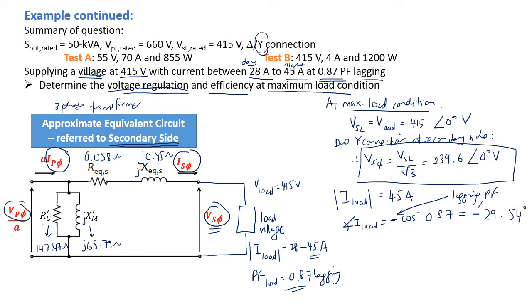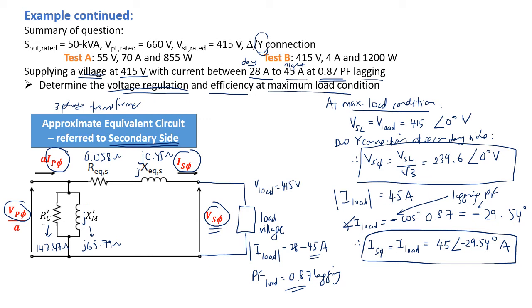So therefore, Is phase will equal the I load, because this is a Y connection, and that gives us a value of 45 at an angle of negative 29.54 degrees.